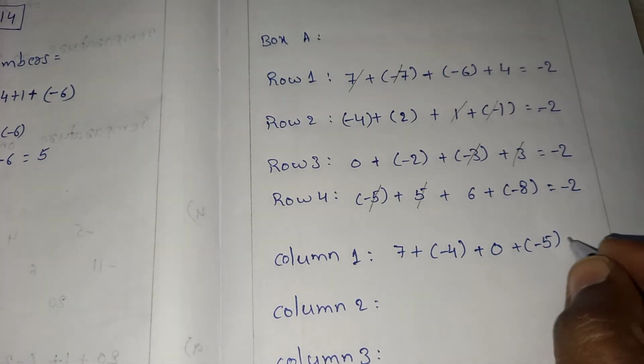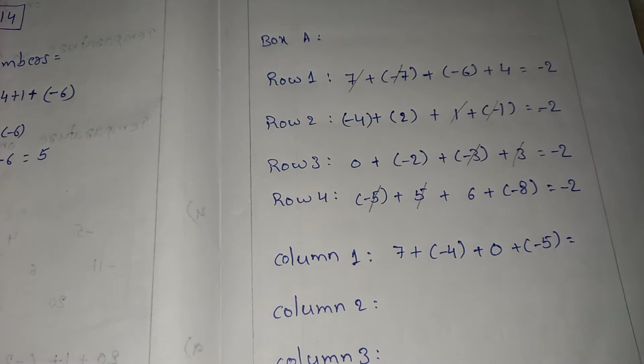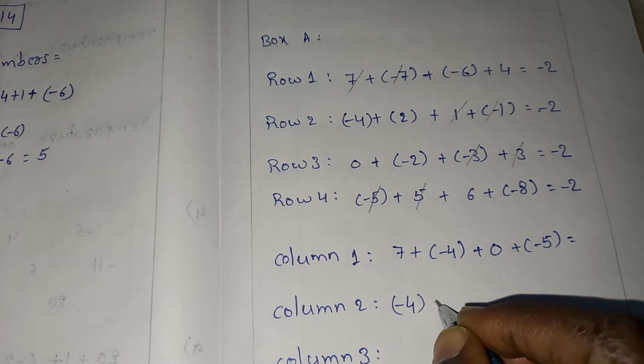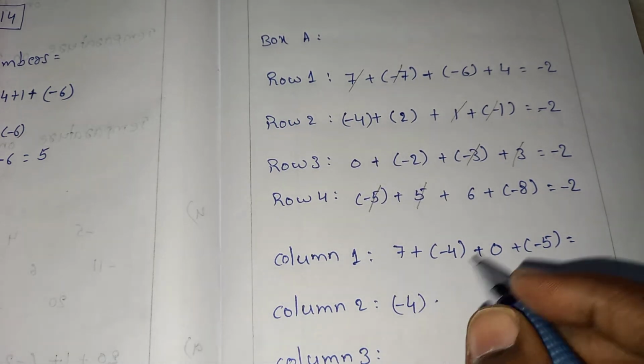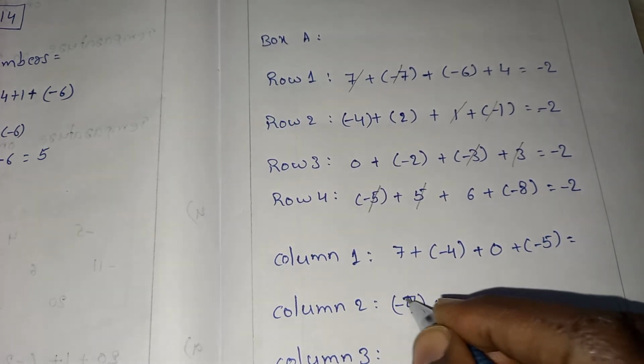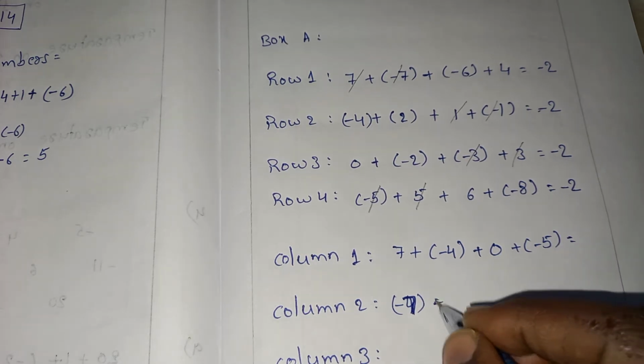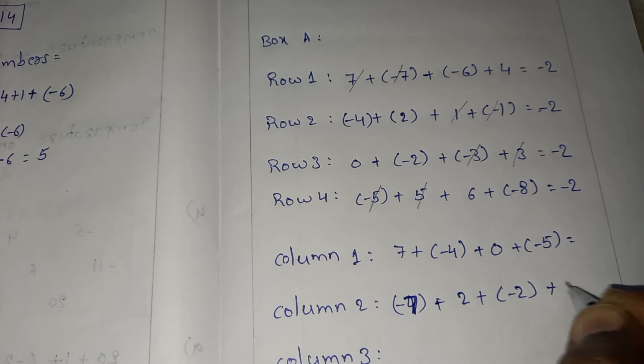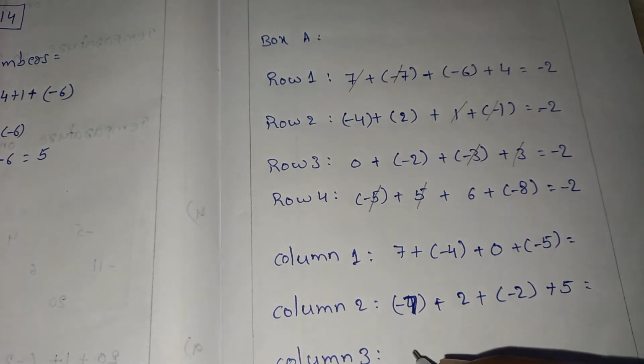Dear, I couldn't record the full notes, okay? So you better keep your textbook next to you. Second column: -4, -7 plus 2 plus -2 plus 5.